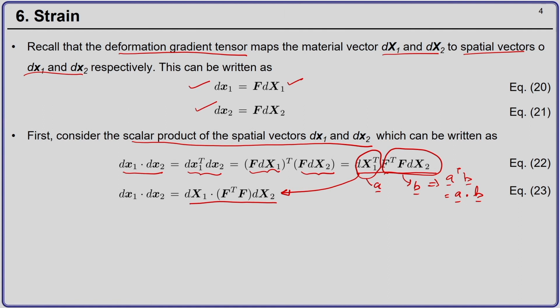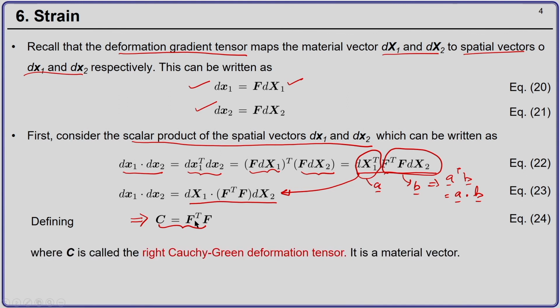Now, I can define another tensor C as F transpose F, and this tensor C is called the right Cauchy-Green deformation tensor. It is a very important measure of deformation.